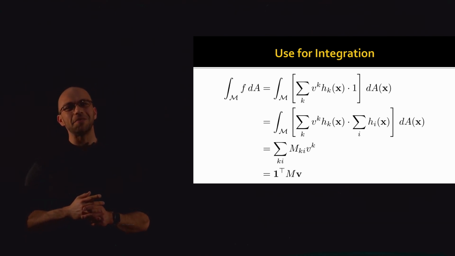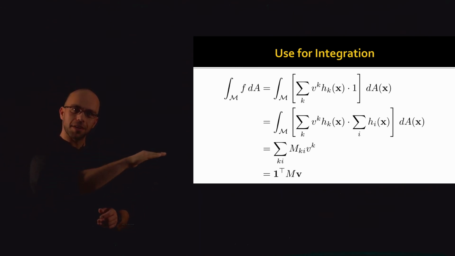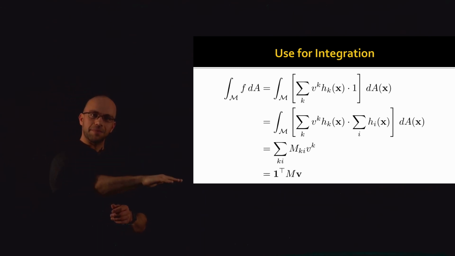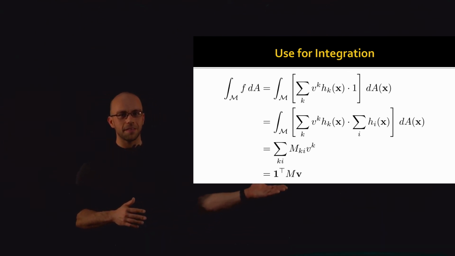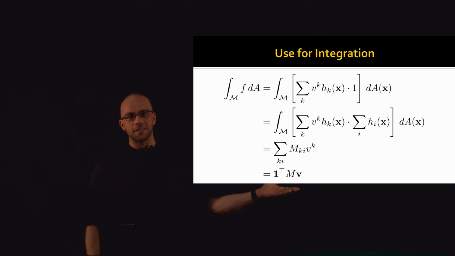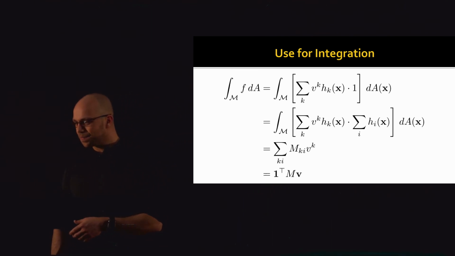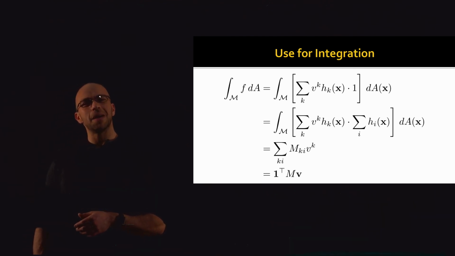That's just by definition. And now if you push the integral to the inside, what you get is m times v. So at the end of the day, if I want to integrate a function written in the hat basis, and these are all equalities, by the way, there's no approximation, I get this expression at the bottom of the slide, which motivates that what's going on here is that the mass matrix just has to do with integrating functions.